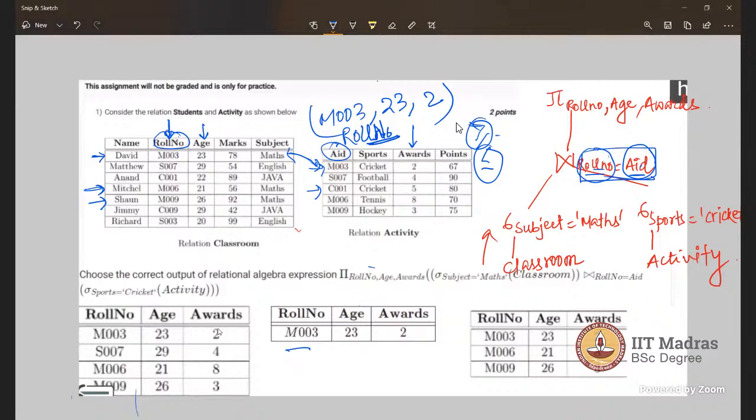So I hope it is clear to everyone. This information will help us decide what type of query we have to write, either natural join, or otherwise I have to write the where clause.